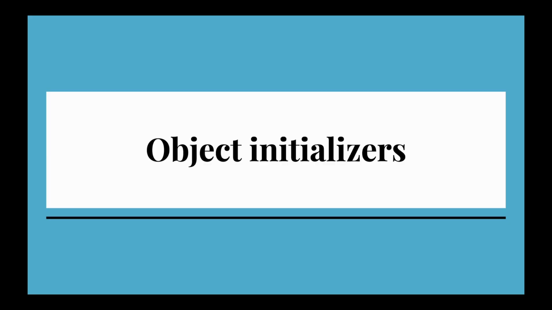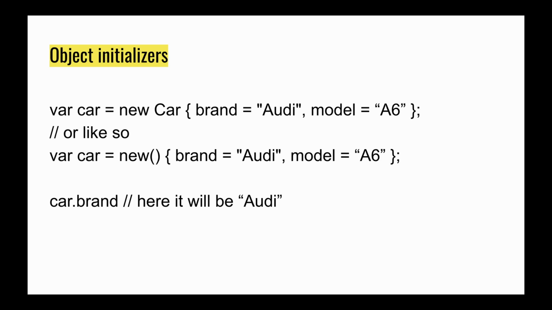Okay, let's move to another interesting thing, object initializers. Initializers can be used to initialize class instances. Their syntax is represented by the transfer, in curly brackets, of values to the available fields and properties of the object like this.